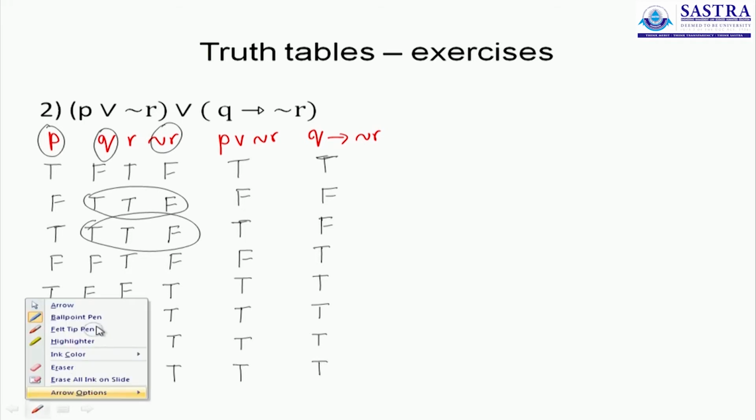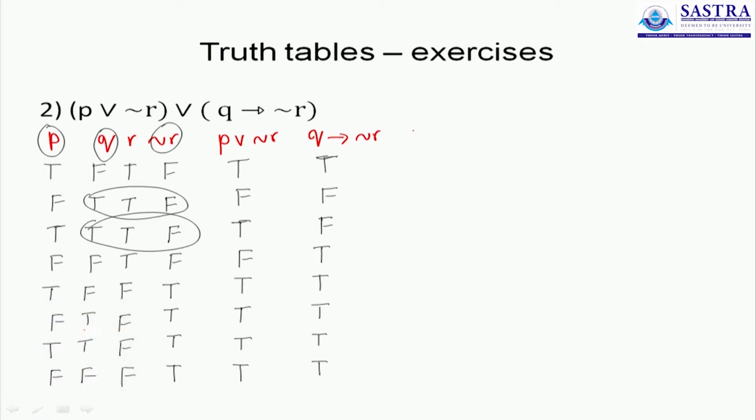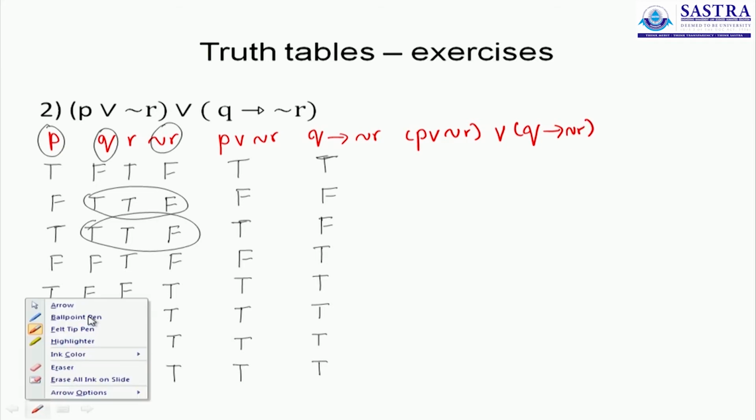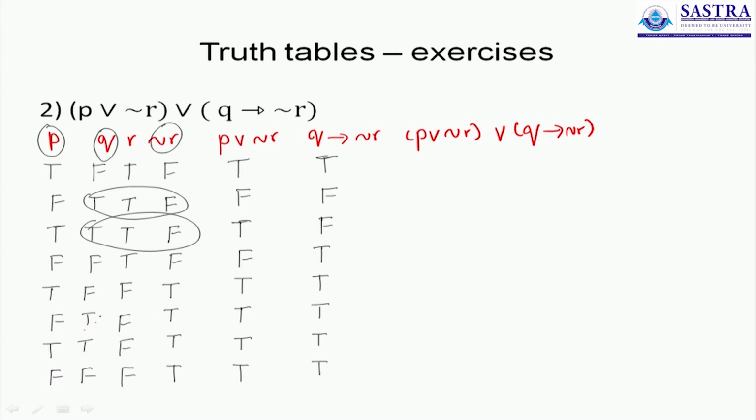The required result wants us to do a disjunction between columns 4 and 5. So column 4 is this and column 5 is this. We will just try and do a disjunction. You know how a disjunction works? A false value is returned only when both are false.